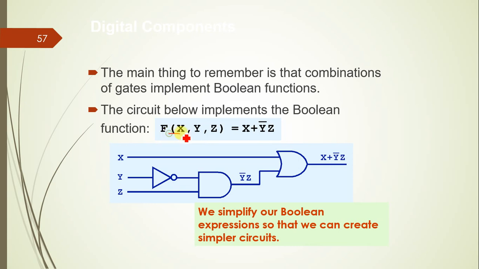Whenever it is given like this, you should consider that the function is made out of these three variables only. These three variables are bounded to 0 and 1 in digital logic, where the output equation is x plus y complement into z. So you just make the things very clear: we have x, y complement and z.